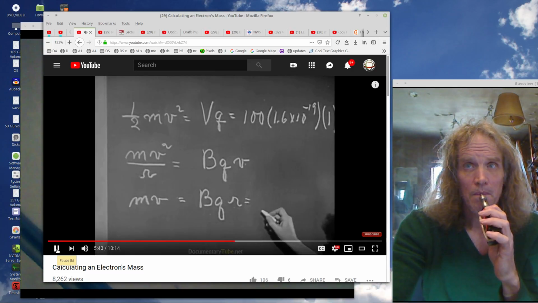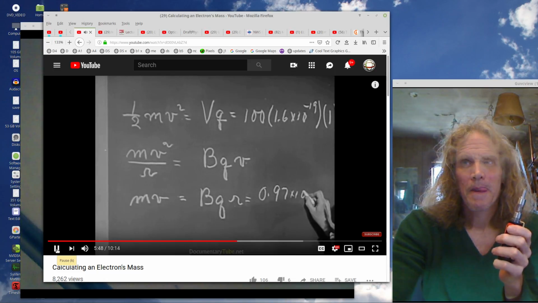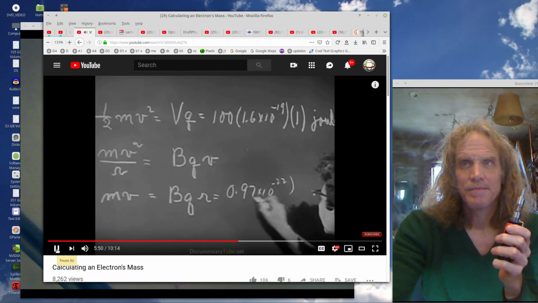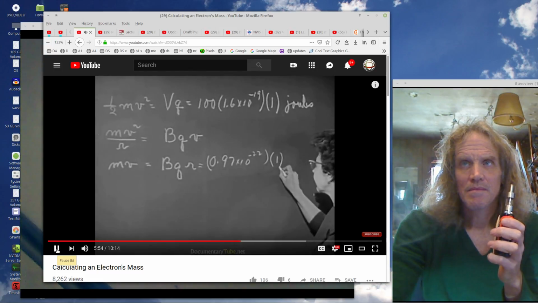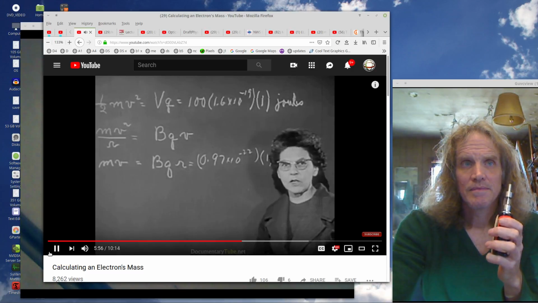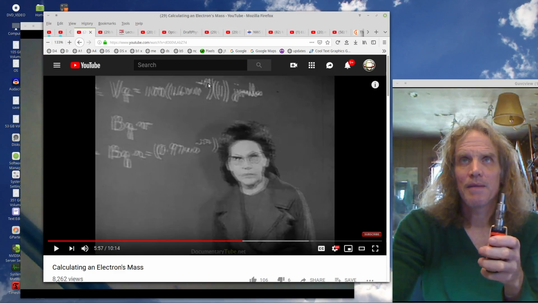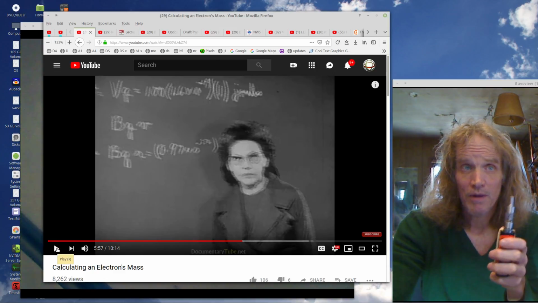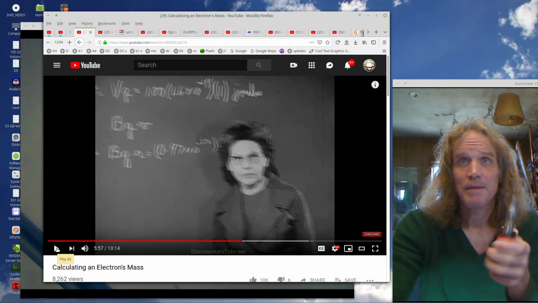So we have this for the field, and Q is still 1. And now we have to measure R. I like also that she does the math by putting everything in brackets, just to be clear about what the thing is representing as a quantity, which is nice. I mean, even putting the 1 in.